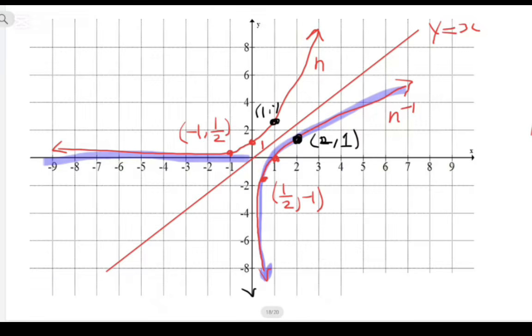So all the numbers, let me just highlight this, from this one downwards are less than 1 when we talk about the y-axis, and then all the numbers from this side to this side are greater than 1 when we talk about the y values. So they want those x values where this y is greater than 1. So it's from 2 up until infinity.